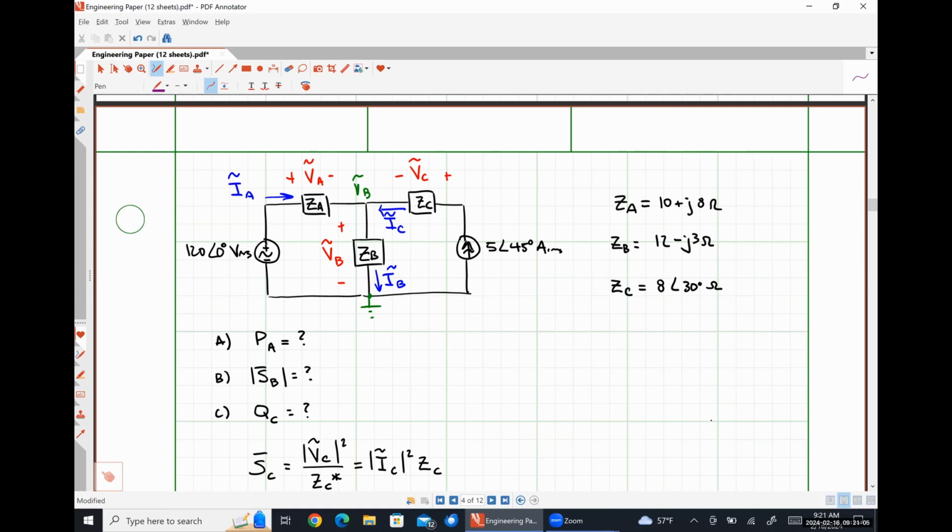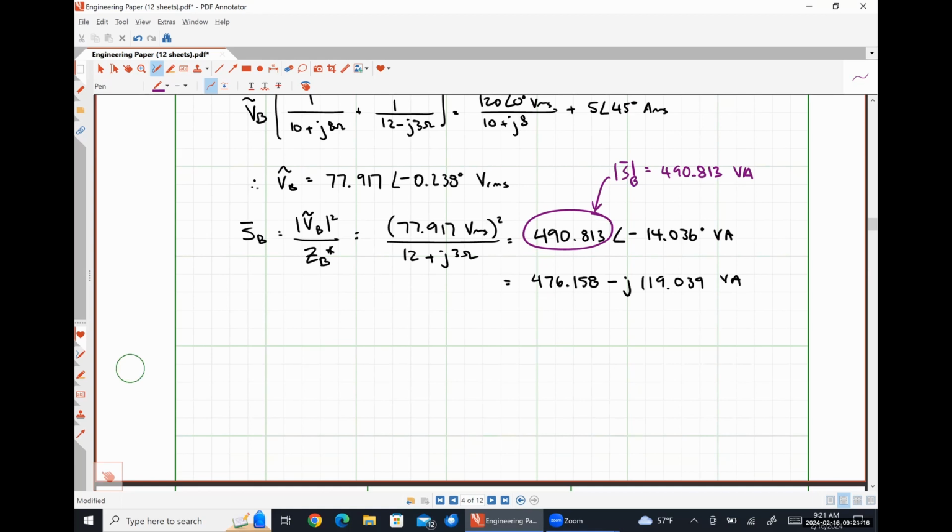Either one of those will get us the answer that we're looking for. Let's do KVL, right? So VA looks like it's just going to be 120 angle 0 minus VB. So did I store that in my calculator?